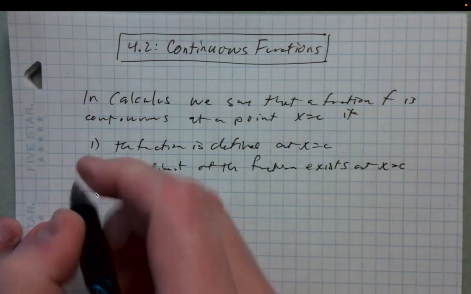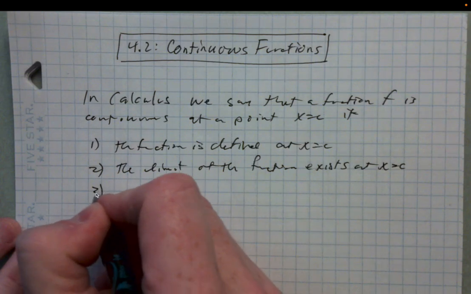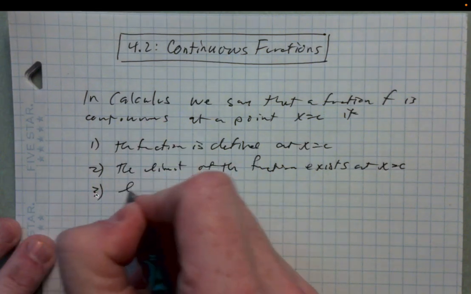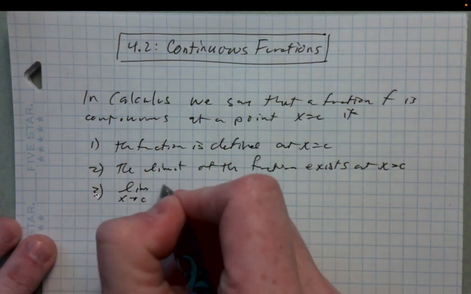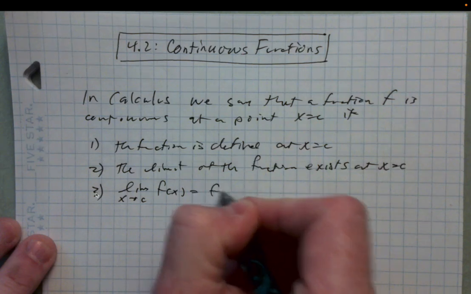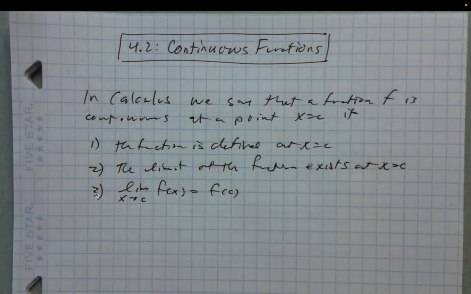And finally, that limit has to be equal to f of c: the limit as x approaches c of f of x equals f of c. If these three conditions are satisfied, we say that the function f is continuous at the point x equals c.